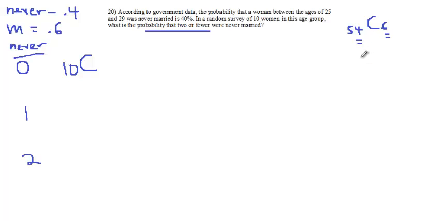The way you figure this out, by the way, and it's not going to be so relevant for this particular question, is take 54 factorial 6 times. In other words, 54 times 53 times 52 times 51 times 50 times 49.